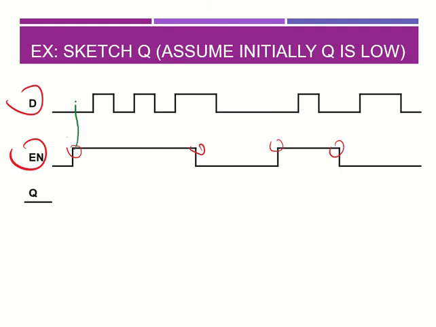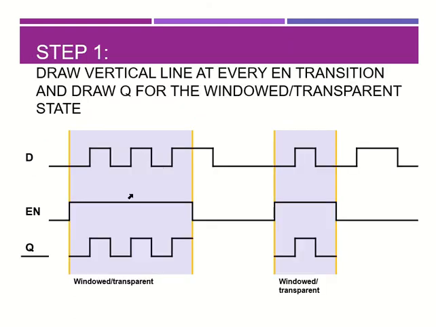So please make sure to draw a line exactly over here, exactly over here, exactly over here, like this. And then whenever enable is equal to 1, always repeat back whatever D is over here, like this.